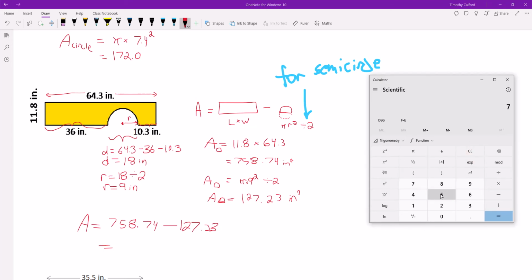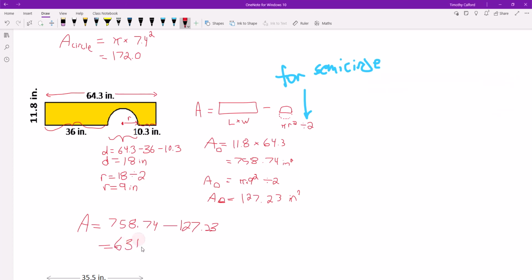So we get 758.74 minus 127.23. And we could round that to one decimal place if we wanted to. 631.5. And this is measured in square inches because it's an area that we're talking about.